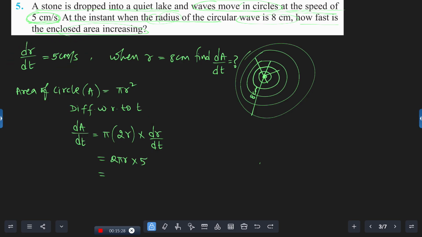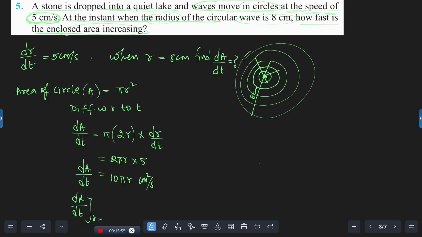So 5 twos are 10 pi r, 10 pi r. This is dA divided by dt. So what is this? Area means centimeter square, t means second, so centimeter square per second. This is in general. Specifically they gave something, what, Raja? At r equal to 8, what is the area increasing?